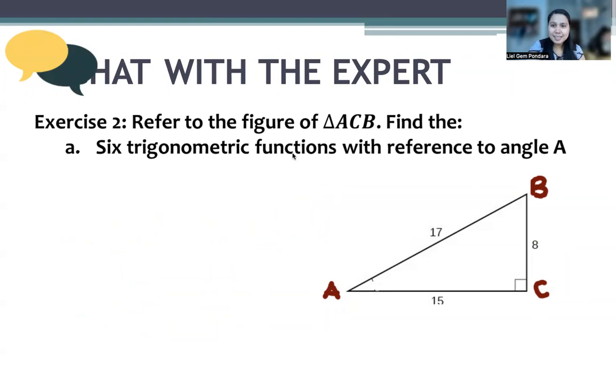Now let's go to the next one. Ready? This time, in the next exercise, we will look at angle B. What is the length of the opposite side of angle B? In the chat box.